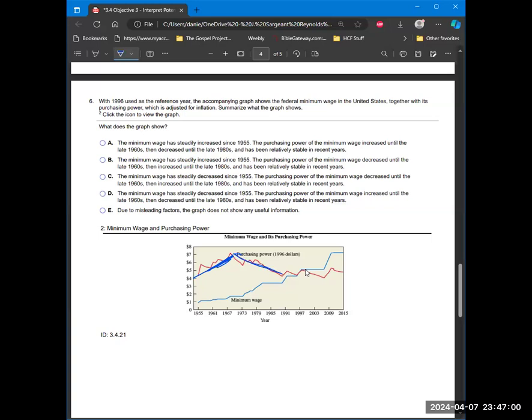We've got this downward trend, and then it has been relatively stable, going up and down but staying relatively flat right here, until, and this data ends at 2015. So we can't talk about anything since then, but those are the trends that they want you to see here. So that would be A. But just understand that that's roughly what you're seeing here.